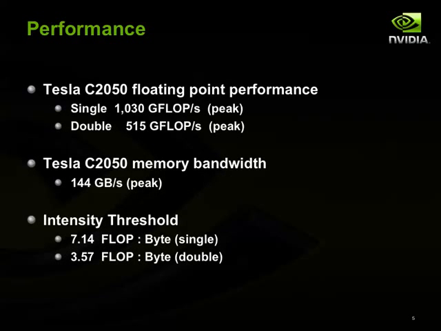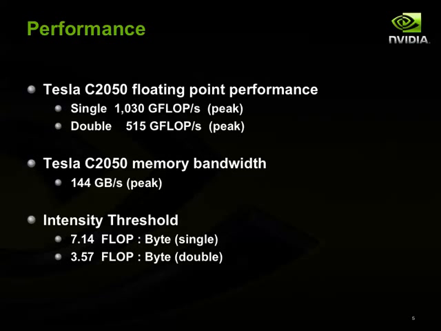So to get these numbers, one thing of interest is the arithmetic intensity of your kernel, which is one quantity, and then there's also the balance of resources on the device, the GPU in this case. One way to get a number, not an exact number, just a first approximation, is to take the peak gigaflops. On a Tesla C2050, you get about 1 teraflop in single precision, about half that in double precision.